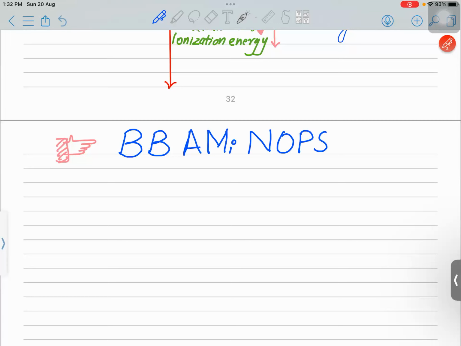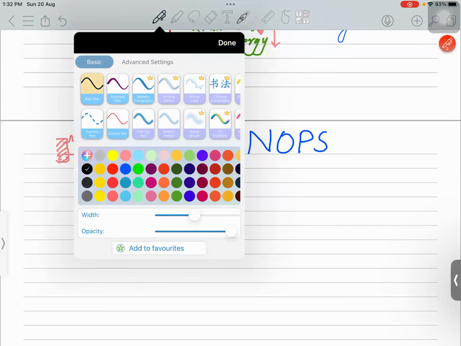BB do not say NOPS to Ammi. So BB Ammi NOPS. You have to memorize this sentence. This is DI.